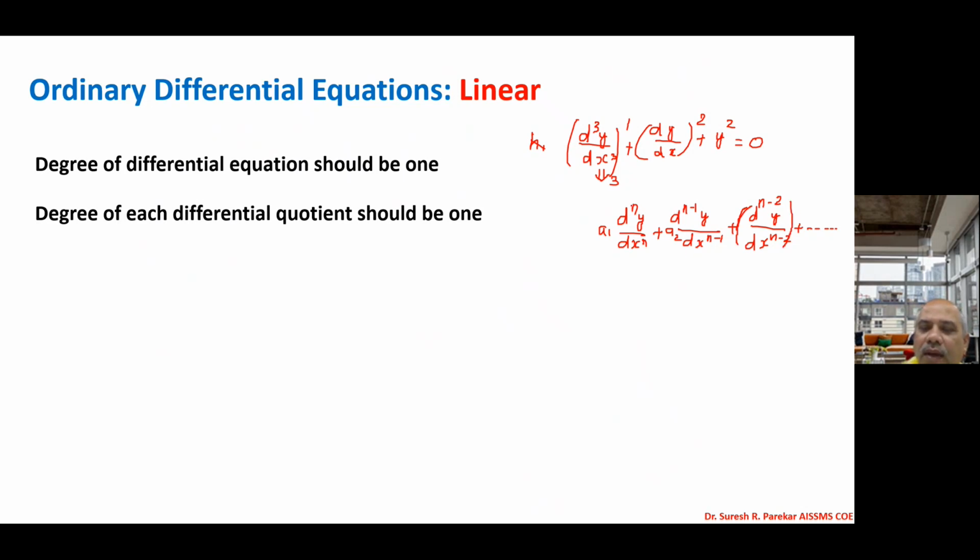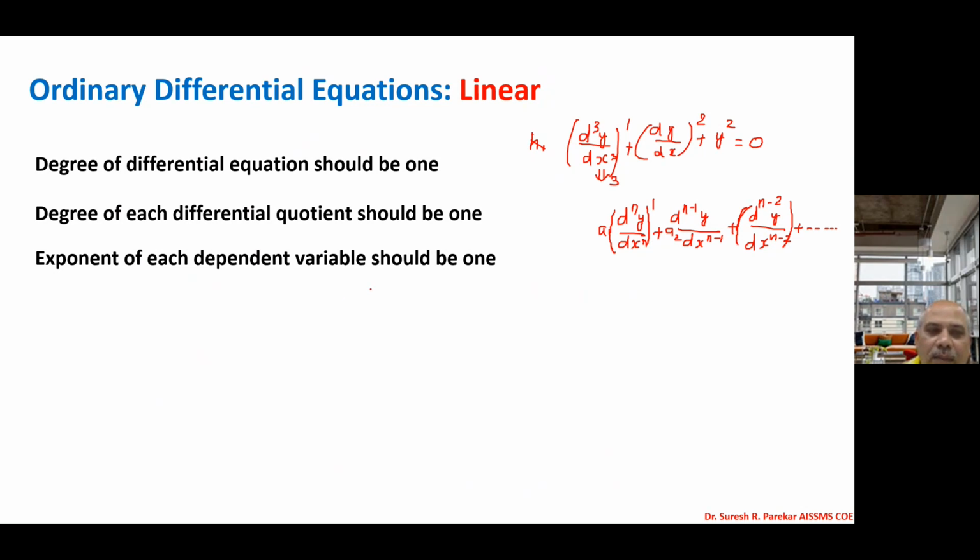Whatever derivatives we have, the power of those derivatives is 1 only. That means the degree of this equation is 1 and all the differential quotients also have power 1.